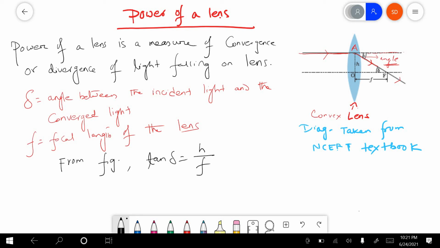H is the height of the object. For example, the object is placed at infinity.